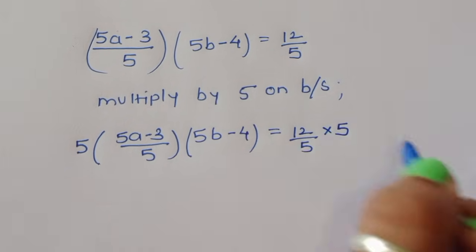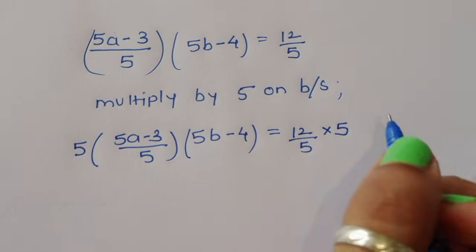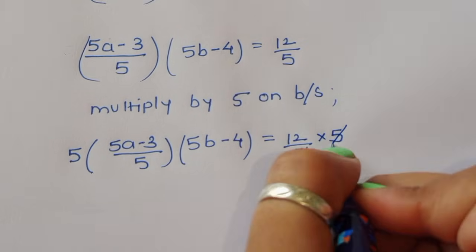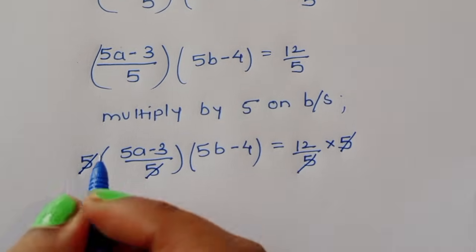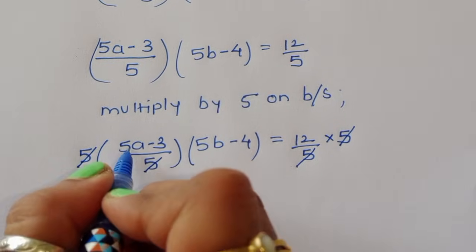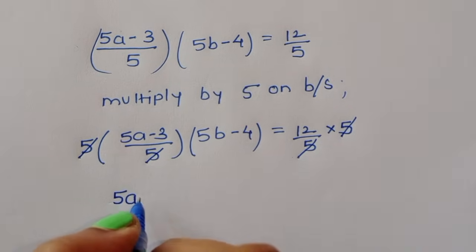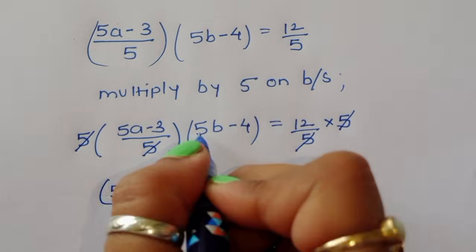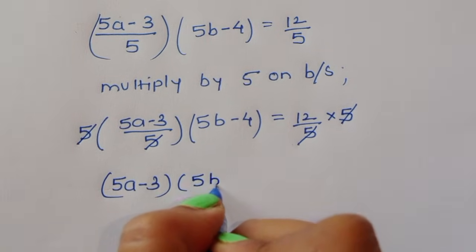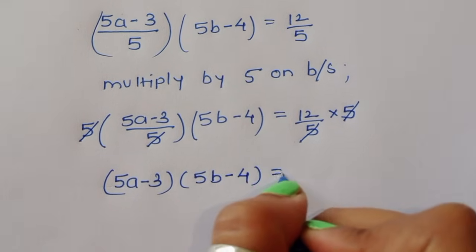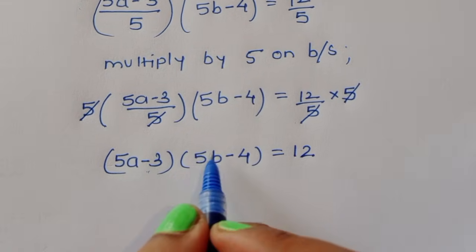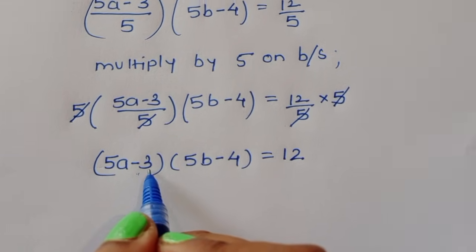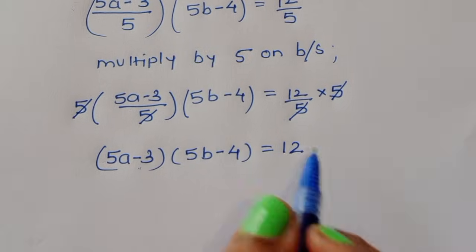Now we have to multiply by 5 on both sides, because we have to cancel this term. Then 5 is cancelled from 5, and here 5 is cancelled from 5. So we get 5a minus 3 times 5b minus 4 is equal to 12.